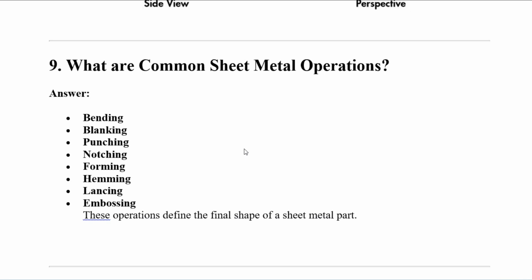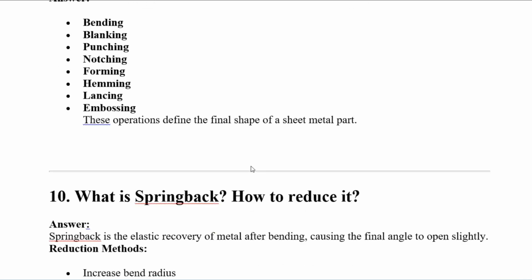These are a few commonly used operations, and there are other operations and subtypes. In one sheet part, if it is a complicated sheet metal part, a number of operations are performed, so on a single part there are different operations used.